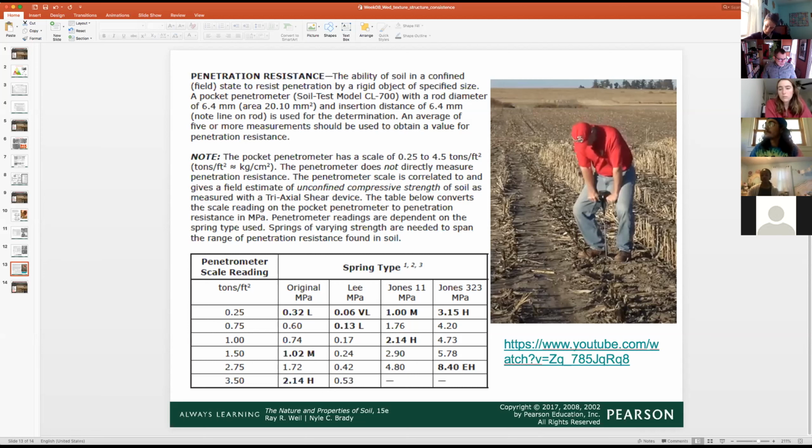But those are the 4 typical measurements we talk about when determining the consistence of the soil. Like I said, the first 3 are relatively easy to do in the field, so you can do those things on your own without any special equipment. Okay, so any questions about that?